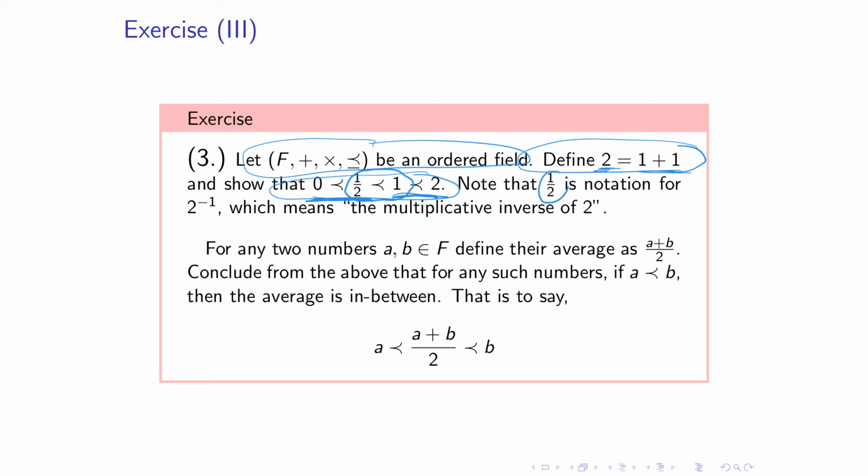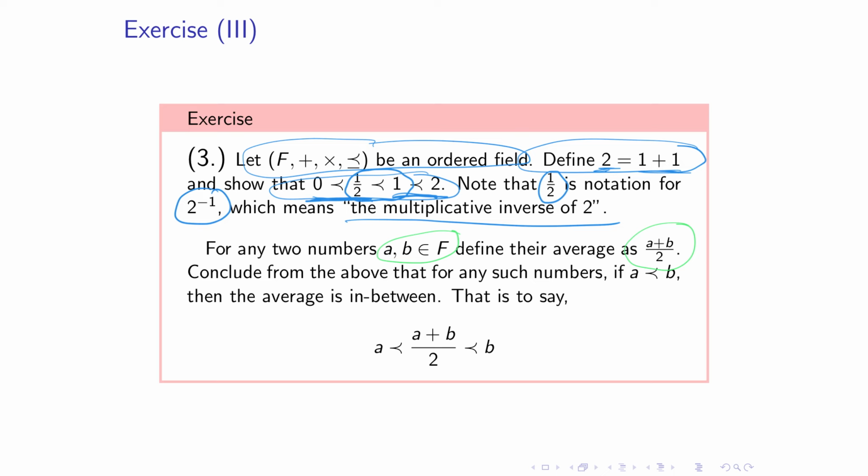Of course, 1/2 is nothing but notation for 2 to the negative 1, which itself is notation for the multiplicative inverse of 2. Okay, that's the first part of this exercise. Next, if you take any two field elements, we define their average as their sum over 2. Very intuitive.